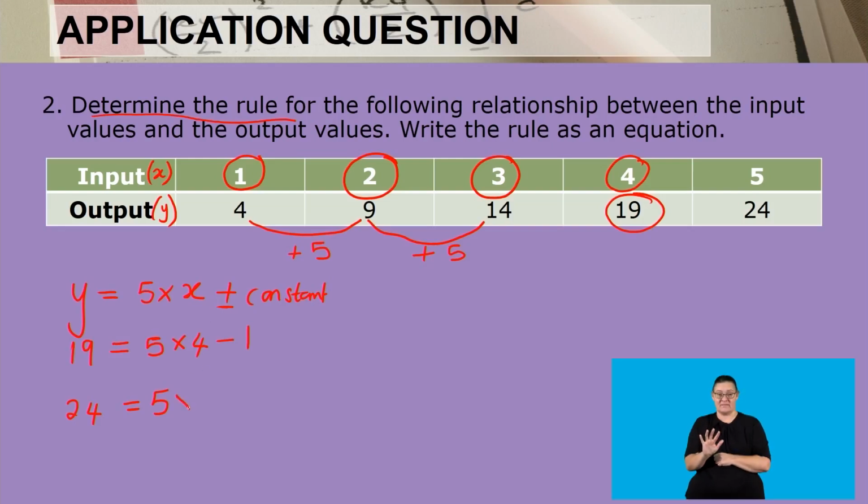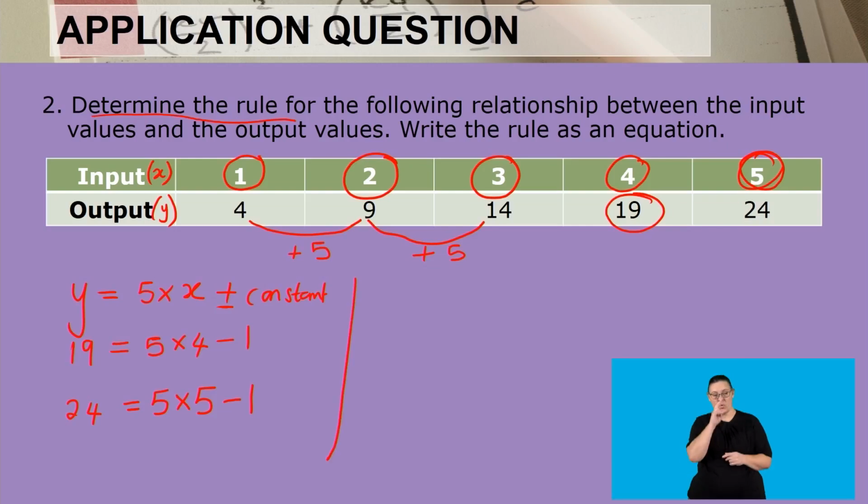So that means we're going to say the 5 that was the constant difference there, and we are going to multiply it with the input value, which was a 5 as well. Now 5 multiplied by 5, that gives us a 25. And of course, how do we get to 24 from 25? We are going to subtract 1.